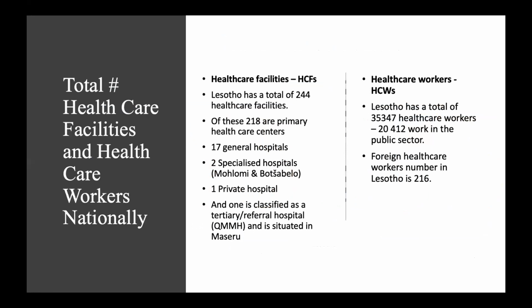We have 244 healthcare facilities, and 218 of these are primary healthcare facilities, 17 general hospitals, 2 specialized hospitals and 1 private hospital, and we have 1 tertiary level referral hospital.